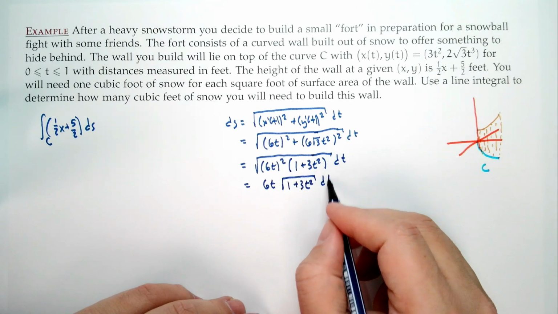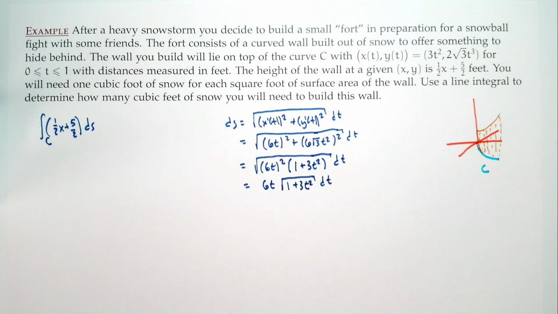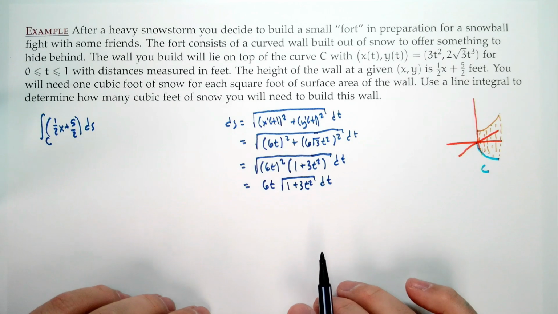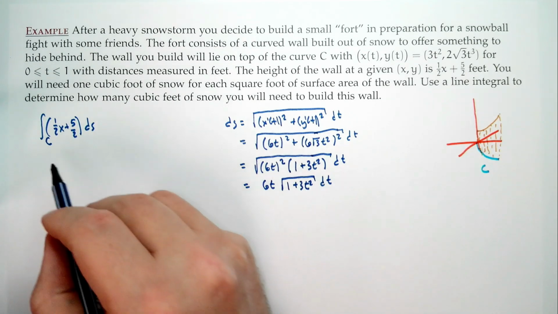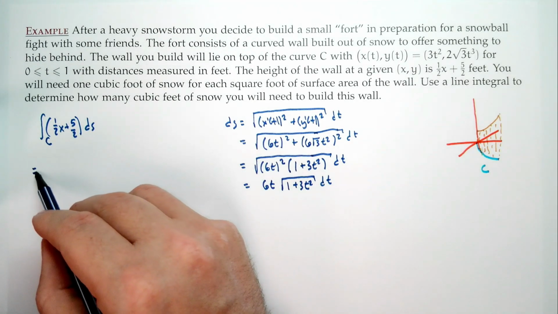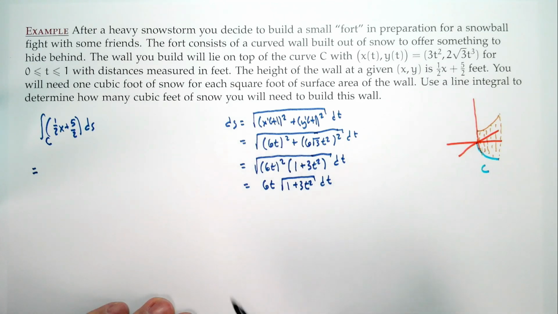Now at this point we're probably like, that is a little different. And different could be fun. All right, so let's see what happens now. When we're doing a line integral, we're really going to turn everything into our parameterization.